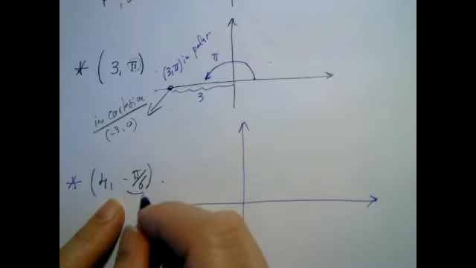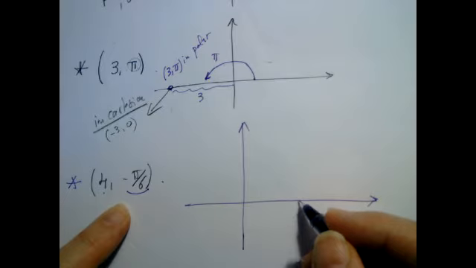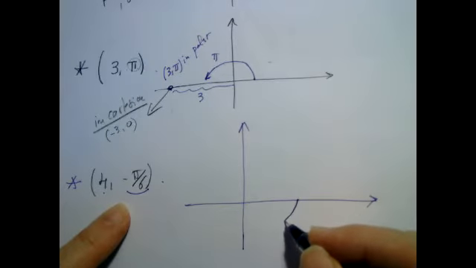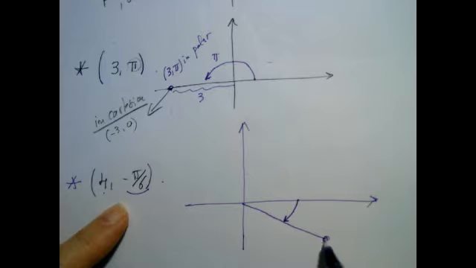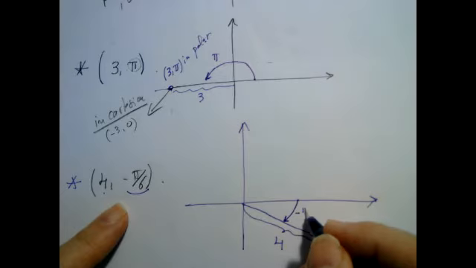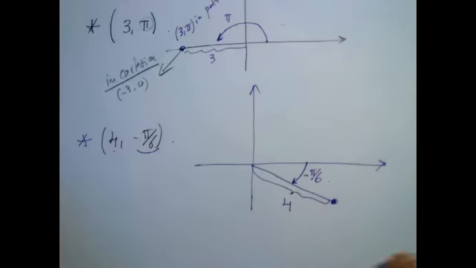That's the angle, and that's how far we are from the origin. If the angle is -π/6, it means I have to go π/6 this way. And then I have to go 4 units away from the origin. So the distance from here to here, that's 4. And this is -π/6.